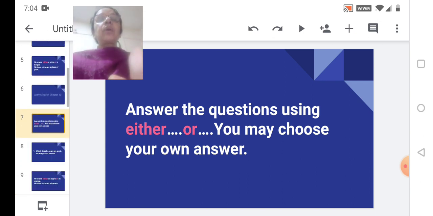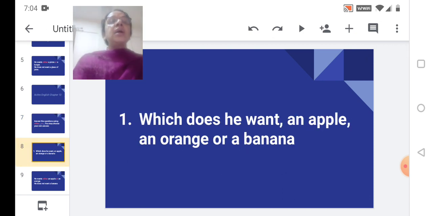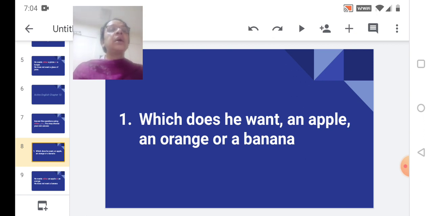Now, you are supposed to start answering these questions. First one. Which does he want? An apple, an orange, or a banana? Again, here three fruits are given. You are supposed to choose any two fruits, and write one more sentence stating which you haven't chosen.